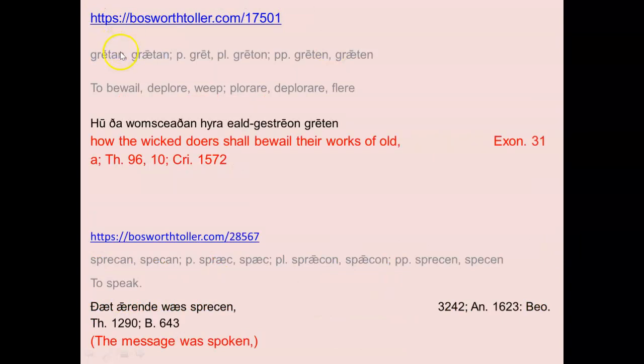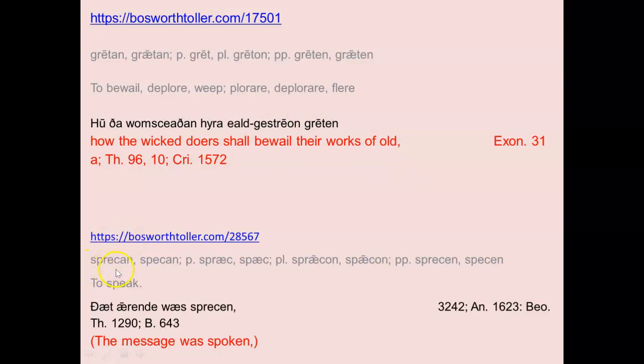Next example, there's a few here to go through. Garetan, to bewail, deplore, weep, and the past participle form is gareten or garaten. Hutha wamsheath and hur eldius tareon gareten: how the wicked doers shall bewail their works of old.